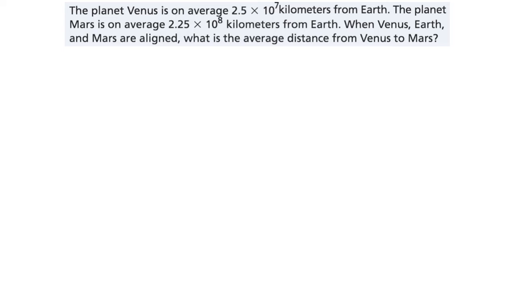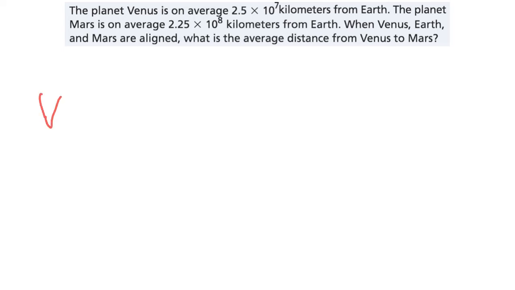Your first question: the planet Venus is on average 2.5 times 10 to the 7th power kilometers from Earth. The planet Mars is on average 2.25 times 10 to the 8th power kilometers from Earth. When Venus, Earth, and Mars are aligned, what is the average distance from Venus to Mars?